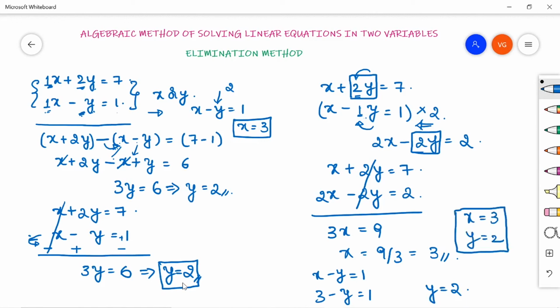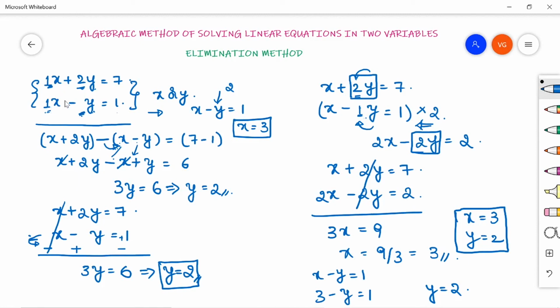I'll explain the procedure one more time here. First thing we need to check is whether the coefficient of the variable term is equal or not. If it is equal, then only you can eliminate that variable either by adding or subtracting.